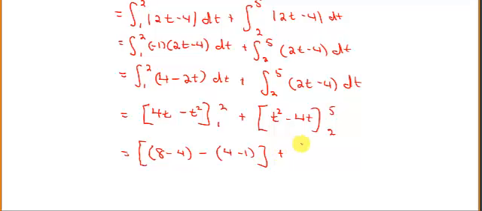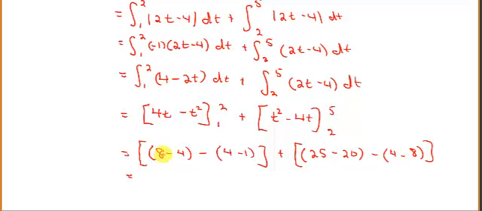Plus, evaluating the second integral, I'll have t squared, but at the upper limit t is 5, so that'd be 25, minus 4 times 5, minus 20. And then I'll have the value at 2: t squared when t is equal to 2 is 4, minus 4t at 2 is 8. So let's see, what do we have here?